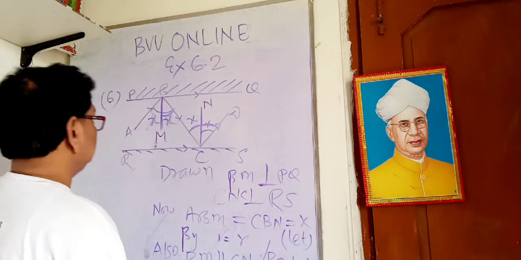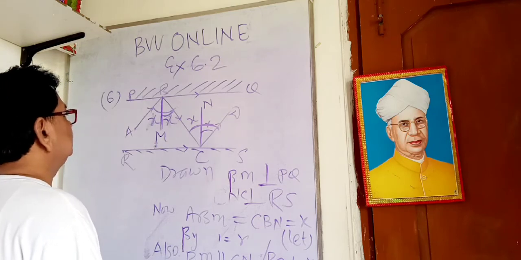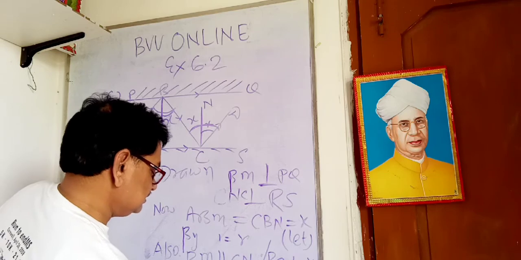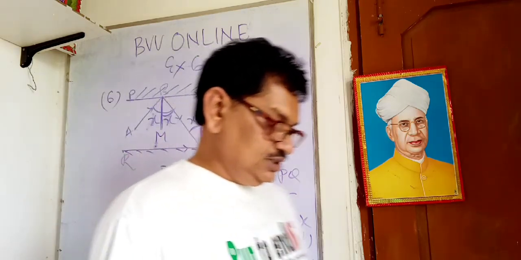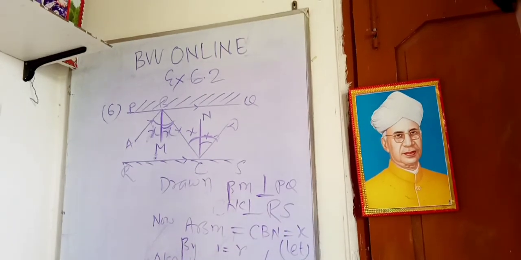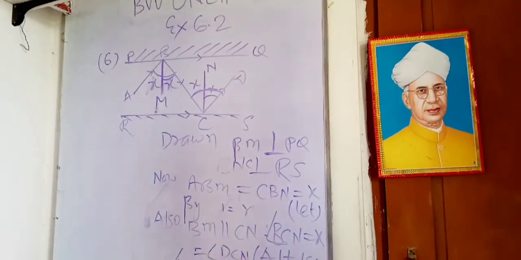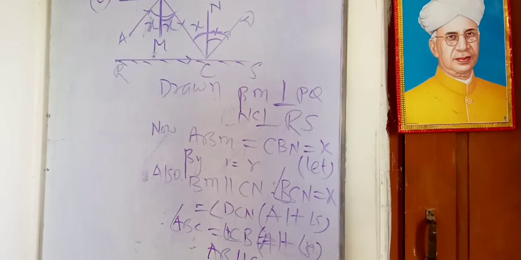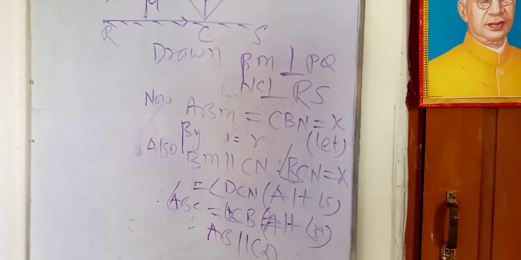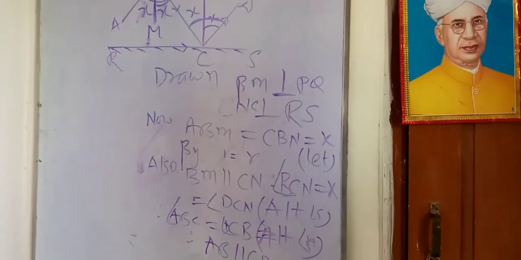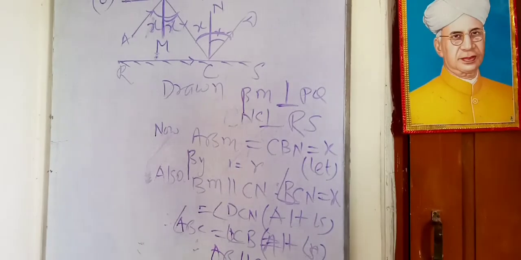So therefore the required AB is parallel to CD. So in this way we can prove the given problem, and with this solution, we can say we come to the completion of exercise 6.2.